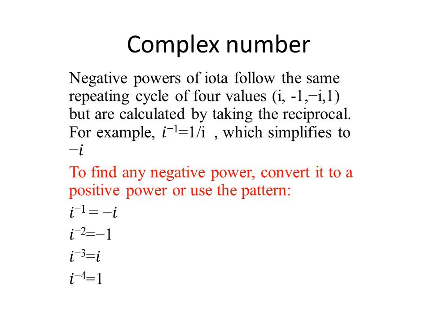For example, i to the power of -1 is 1 by i, which simplifies to -i. To find any negative power, convert it into a positive power and use the pattern. Then i to the power of -1 is -i, i to the power of -2 is -1, i to the power of -3 is i, and i to the power of -4 is 1.